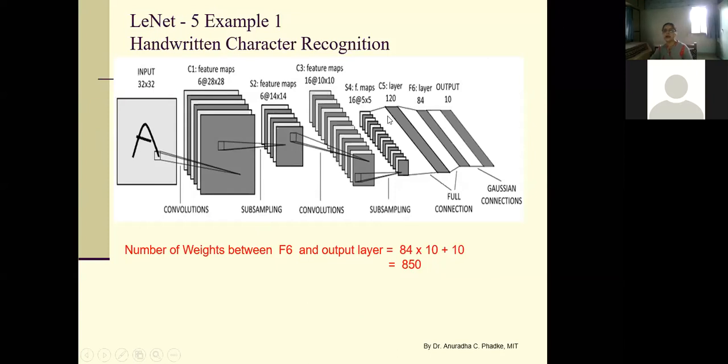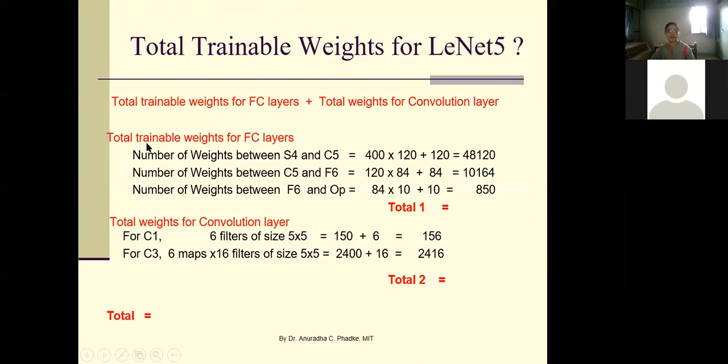Now we have determined trainable parameters for C1, between C1 and S2, then between S2 and C3, and we have also determined trainable parameters for all the fully connected layers. From that we can compute total trainable parameters for this LeNet 5 architecture. The total trainable weights is the addition of total trainable weights for the fully connected layers plus total trainable weights for the convolution layers.